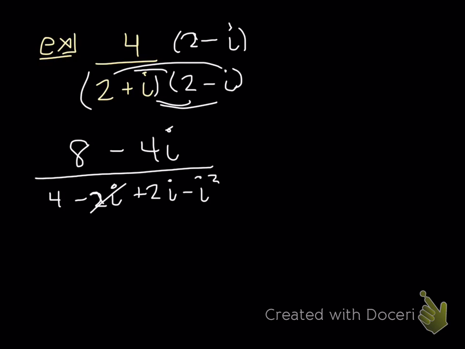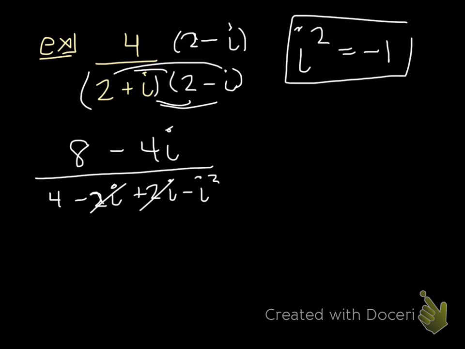So in the denominator, these two cancel out, and if you recall from last year and from yesterday's video, i squared is equal to -1. So in the denominator, this will become minus a -1. So that'll change into being 4 plus 1.